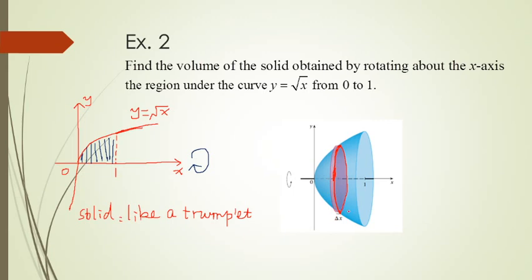So in this way, the cross-section region gives a circle. If you can figure out the radius of this circle at the position x, then it will be easy to write the area function.